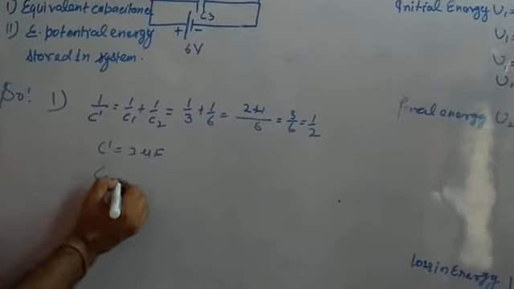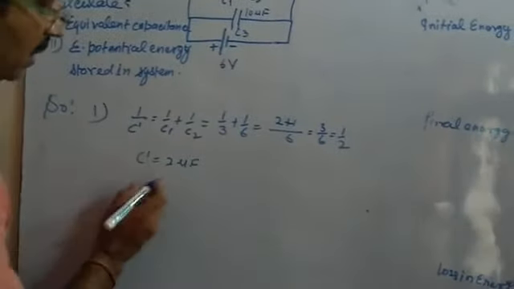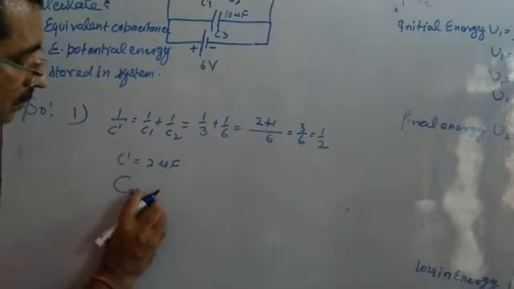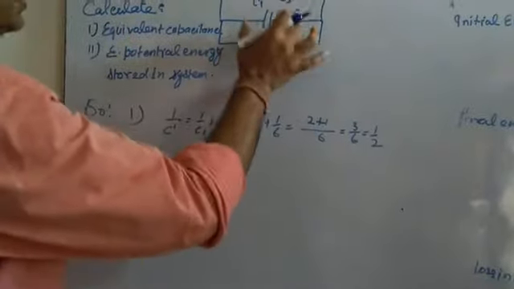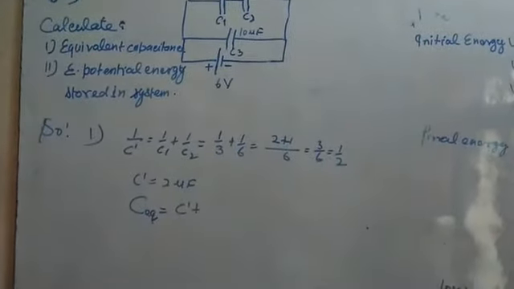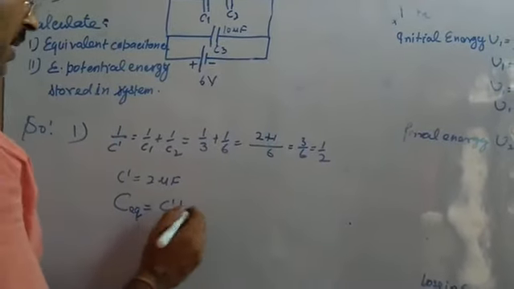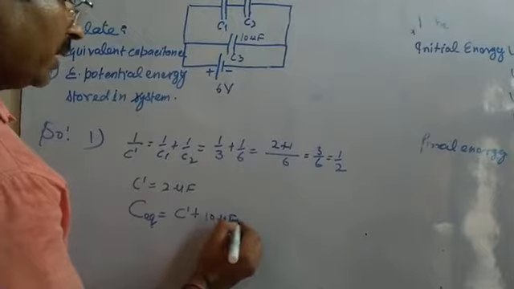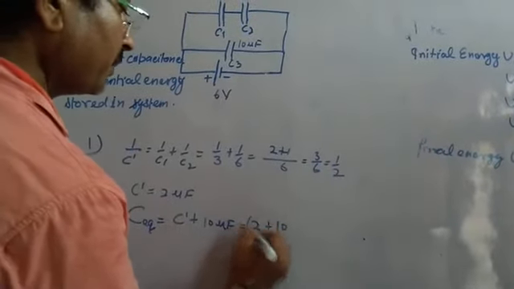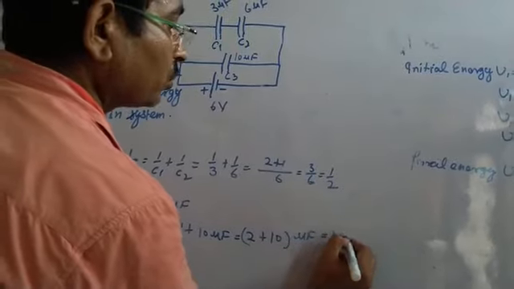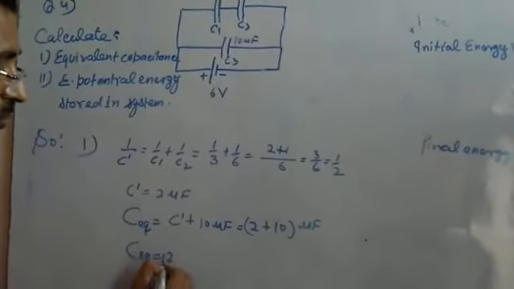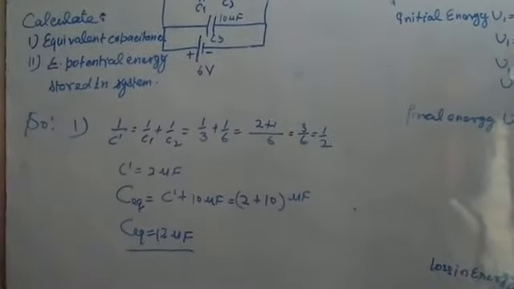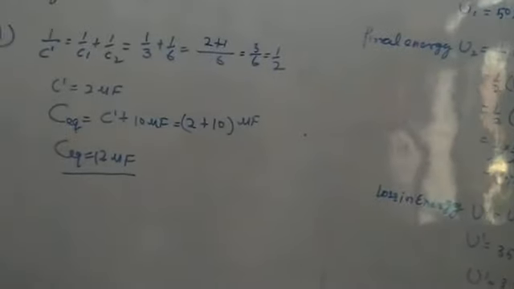C dash and this are in a parallel combination, 10 microfarad, this 2 plus 10 microfarad, that is 12 microfarad, means C equivalent equal to 12 microfarad.